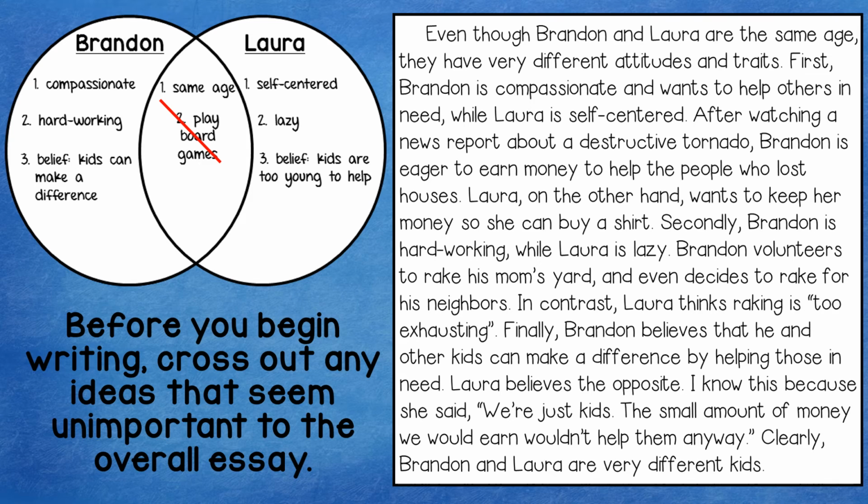Even though Brandon and Laura are the same age, they have very different attitudes and traits. First, Brandon is compassionate and wants to help others in need, while Laura is self-centered. After watching a news report about a destructive tornado, Brandon is eager to earn money to help the people who lost houses. Laura, on the other hand, wants to keep her money so she can buy a shirt.